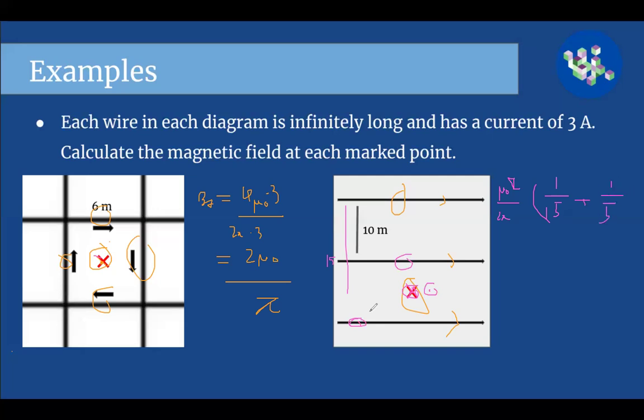But because the magnetic field due to this one is pointing in a negative direction, out of the screen, it'll be minus 1 over 5. So your final answer after you plug in I, which is 3, is 3 mu 0 over 30 pi. So just mu 0 over 10 pi, and it'll be pointing into the page.